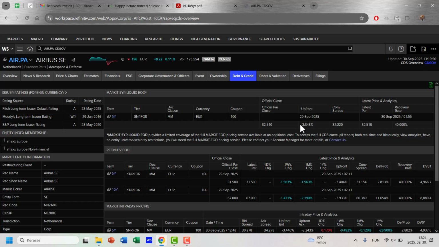The problem is that you can buy CDS without the ownership of the underlying bond. So I can buy CDS without buying US government bonds or Hungarian government bonds or whatever, so they are not connected at all.